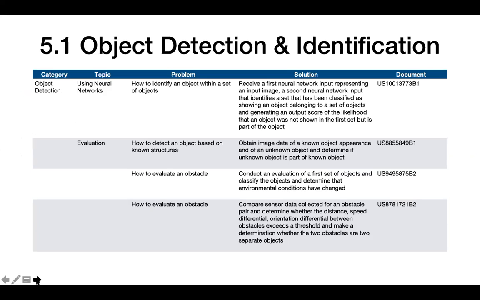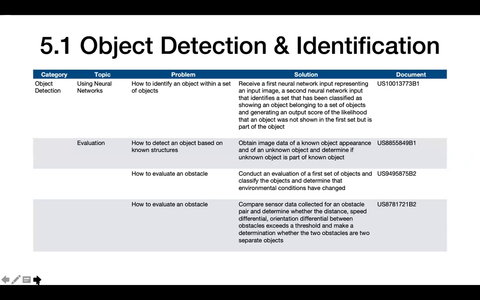Here's another neural network issued patent, how to identify an object within a set of objects. I've looked at a few of these neural networks, and what they seem to have is a first neural network, a second neural network, a third neural network, each do, or they call it a sub-neural network, numbers 1, 2, and 3, each having a particular job to do. But nonetheless, here is one of those.